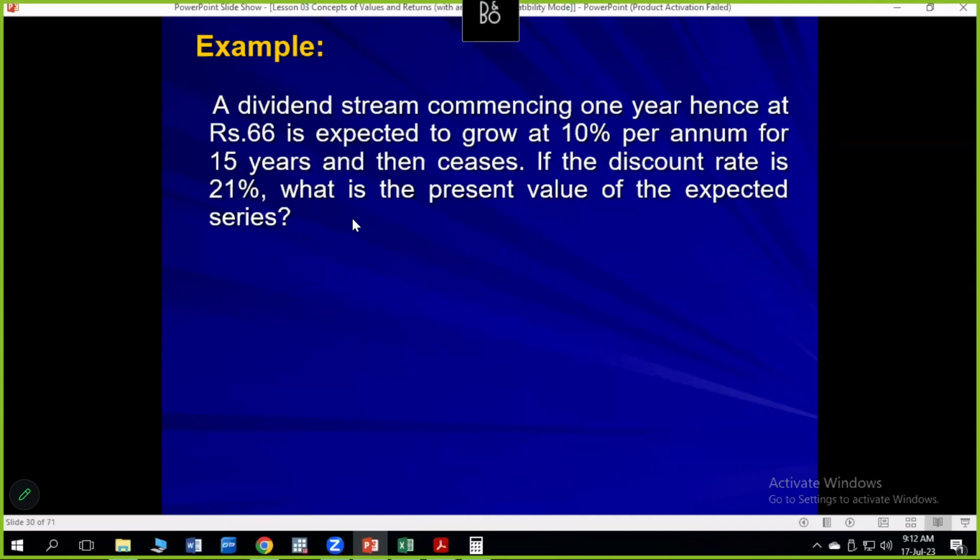You can substitute all this into the formula, and using a calculator find the value.